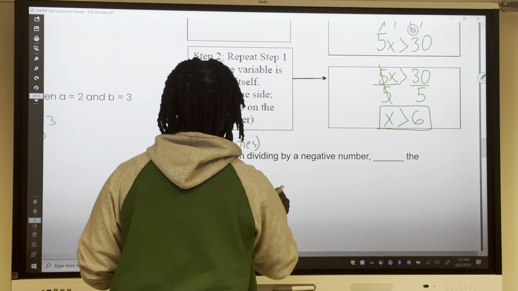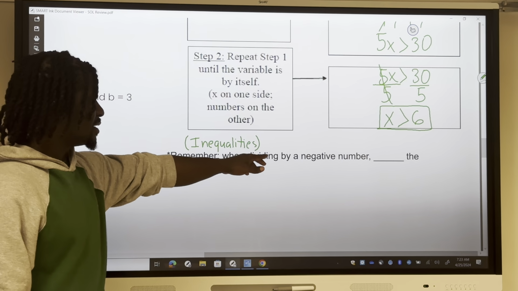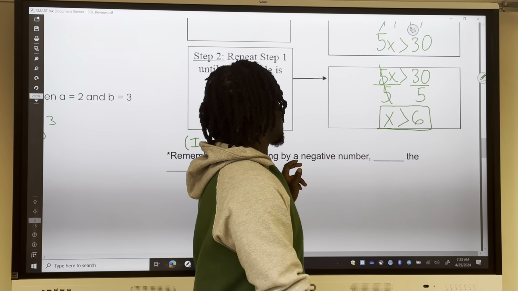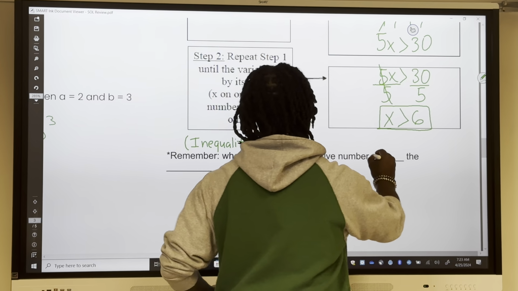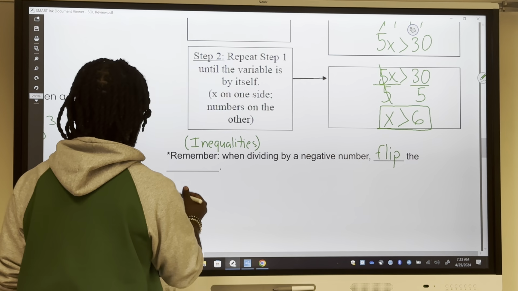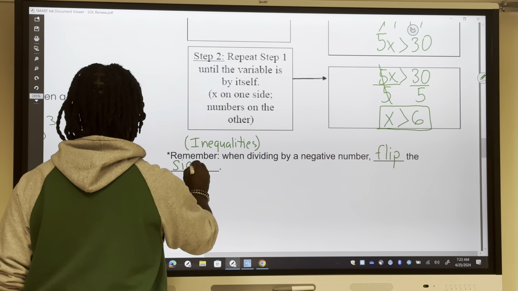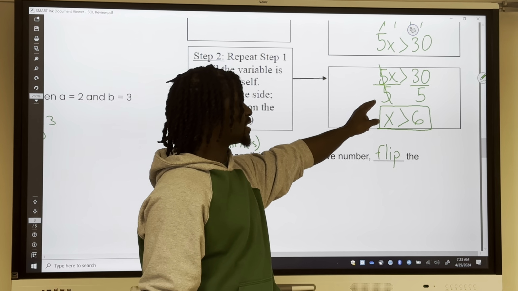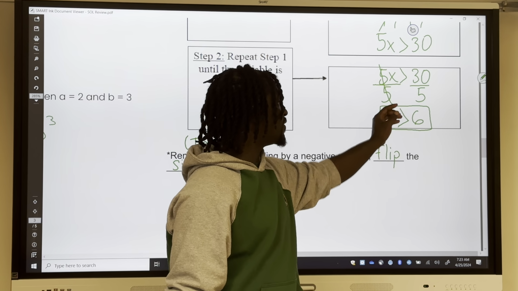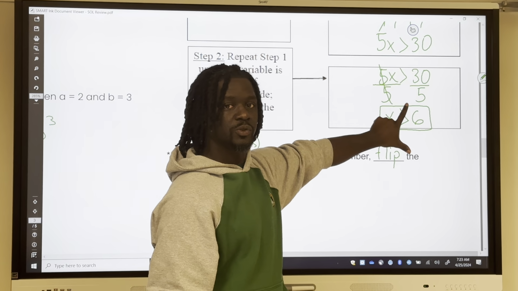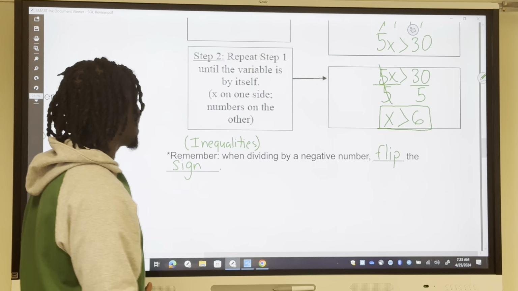Remember, when you divide by a negative, so say this was a negative 5, you must flip the sign, or the inequality symbol. So if, in this case, I divide by a negative 5 here, then it goes from greater than to less than. That's what happens when you divide by a negative number.